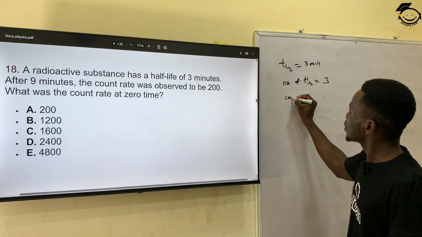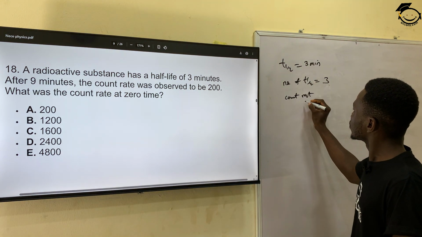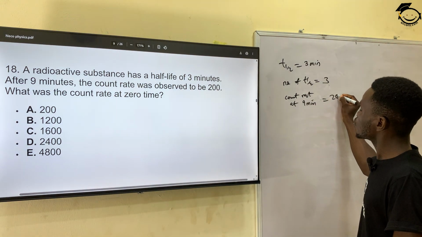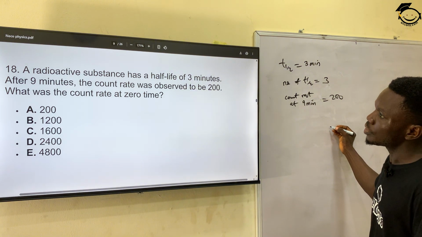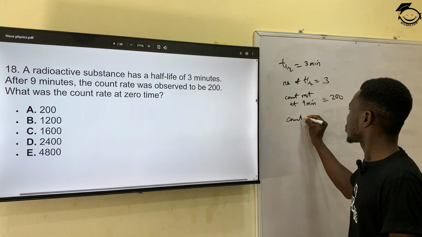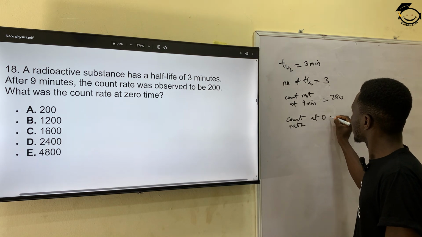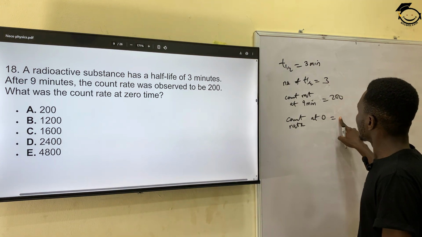Then it said the count rate was observed. So the count rate at 9 minutes was observed to be 200. They say, what is the count rate at 0? Count rate at 0 is unknown. So let's call it x.